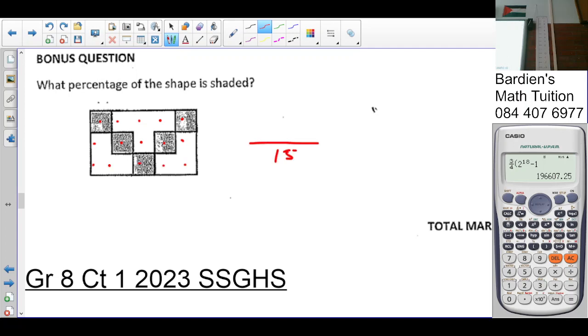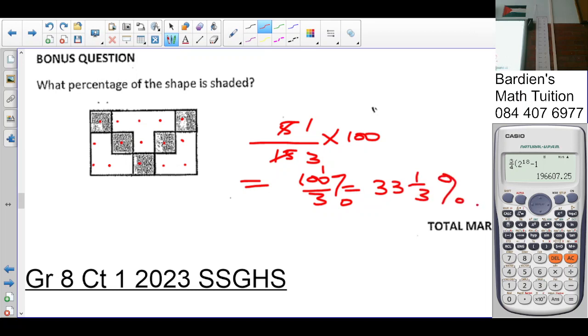So there's 15 in total. How many of them are shaded? 5. 5 out of 15 times 100. So that goes once, thrice, that will be 100 over 3. As a percentage, 3 goes into 10, 3 times carry 1, 3 goes into 10, 3 times carry 1. So it's 33 and a third of a percent, 33,333. Okay, people, any confusion?